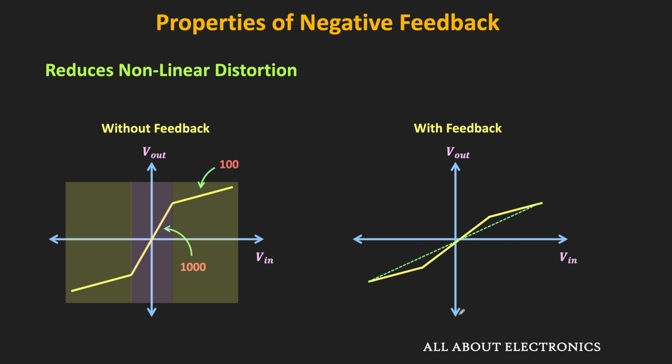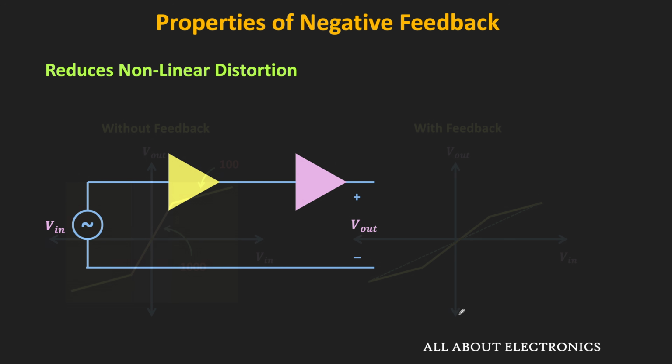So if we want to achieve the same gain, then what can we do? We can add one preamplifier which provides the required additional gain for this amplifier circuit. For example, in this case, let's say this preamplifier provides a gain of 10.